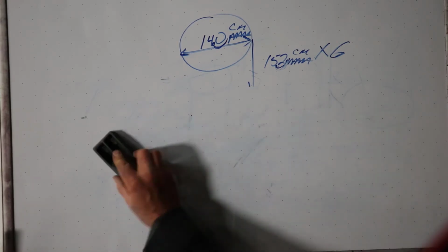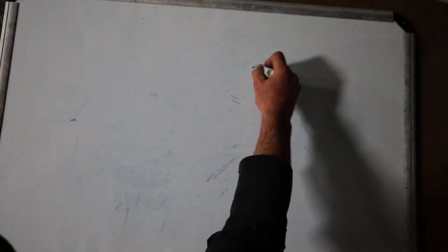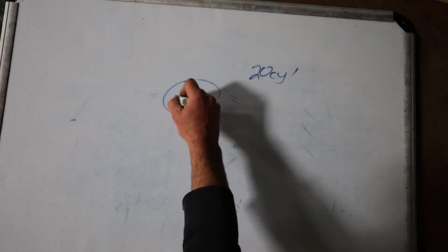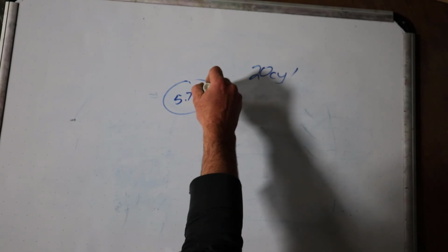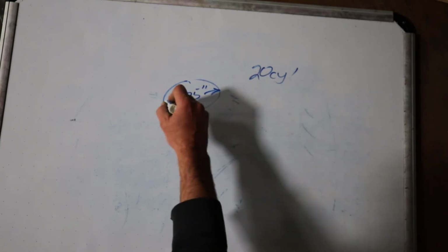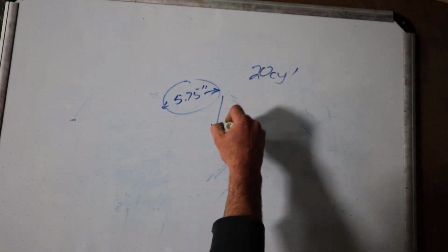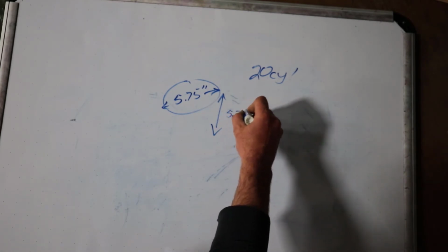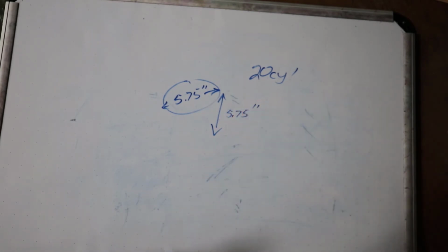Let's do one more, just for giggles. This one here. What I'd like you to do is figure out the displacement of this engine. This engine happens to be a 20 cylinder. The bore is 5.75 inches across. The stroke of the piston from top dead center to bottom dead center is also 5.75 inches.